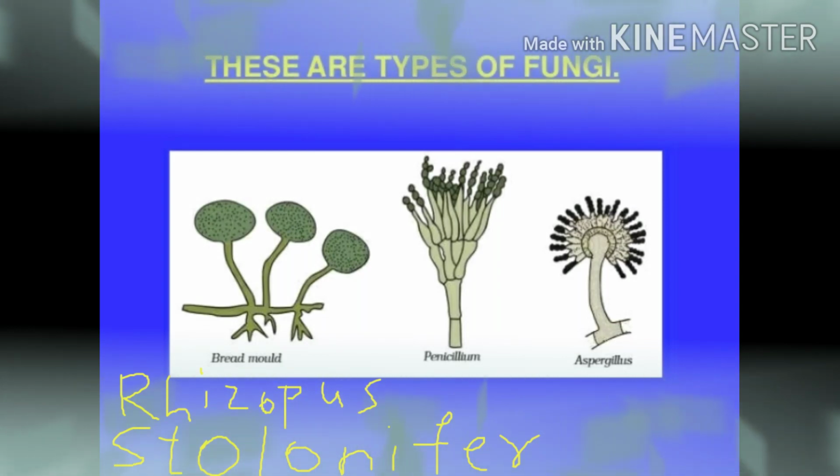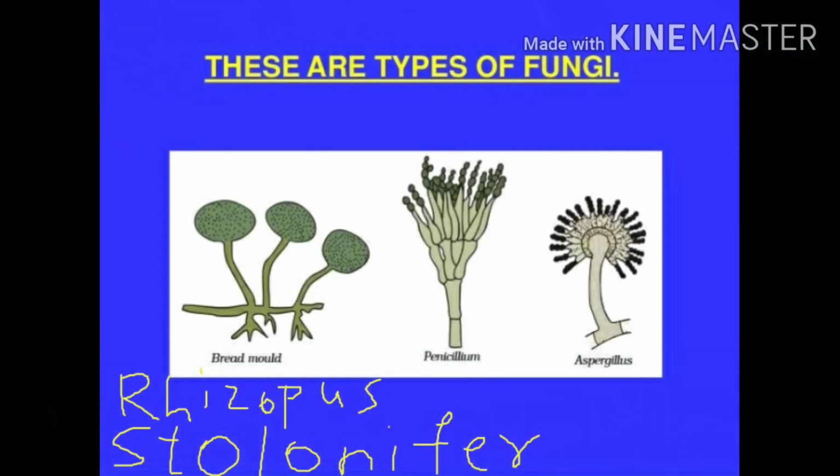Bread mold is one of the most common fungi. The scientific name is Rhizopus stolonifer. Penicillium is a major important fungus in the natural environment in food spoilage. Aspergillus. This fungus is often found growing on dead leaves and stored grains.